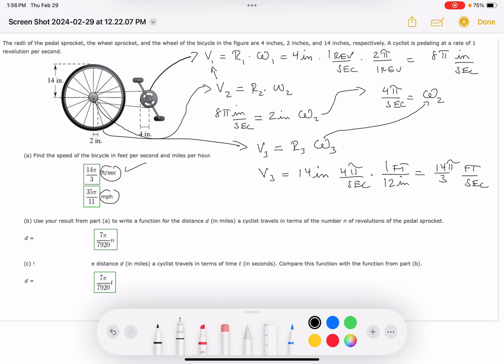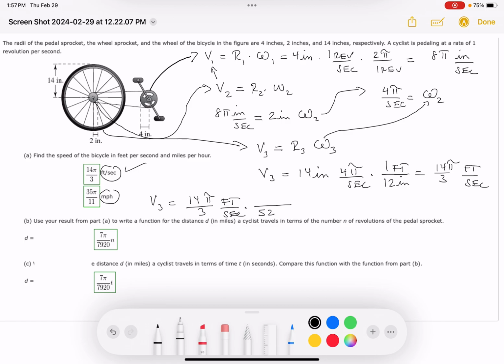This one's done. I'm going to do miles per hour now. So V3 is equal to 14 pi over 3 feet per second. I want to get rid of feet and go to miles.